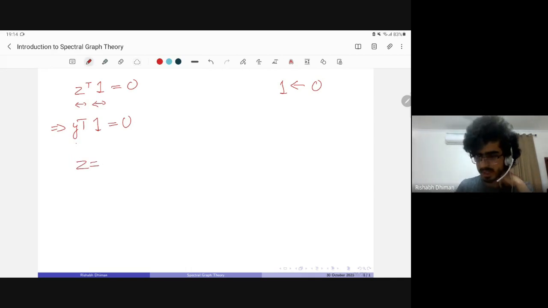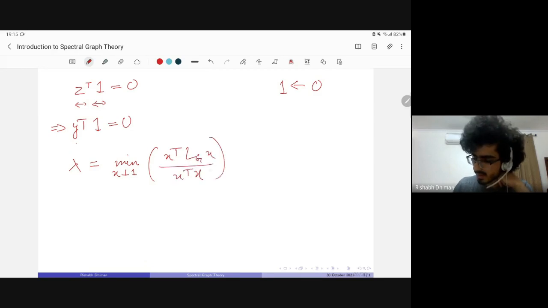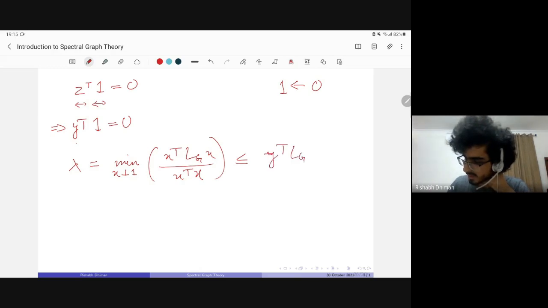Now, recall the second theorem we proved. Second theorem I didn't prove, but I left. Lambda, the second smallest eigenvalue, which again is your lambda. If you consider all the vectors which are orthogonal to 1, and you consider this Laplacian, this will be less than y^T L_G y by y^T y.